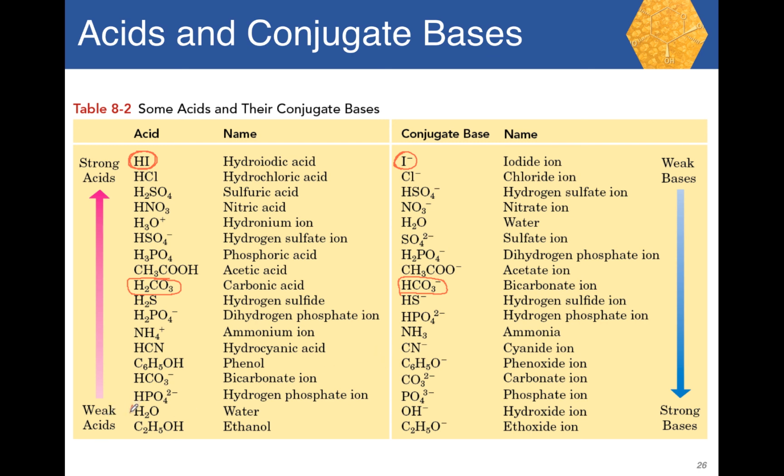Here's water down here, an extremely weak acid, of course, as you know, extremely weak because we ingest it every day. But its conjugate base is the OH minus, and as you can imagine, it's a very strong base. So as you can see here, this trend for the acidity is opposite for the trend of the conjugate base in terms of the strengths.